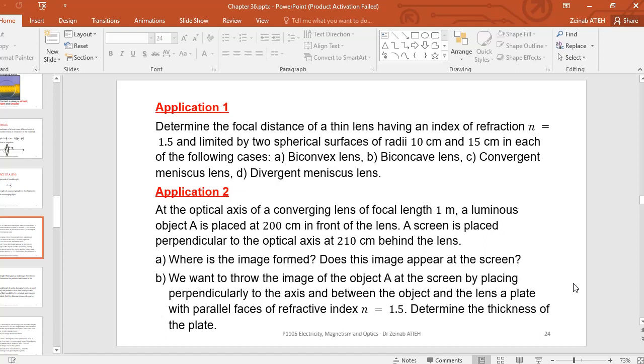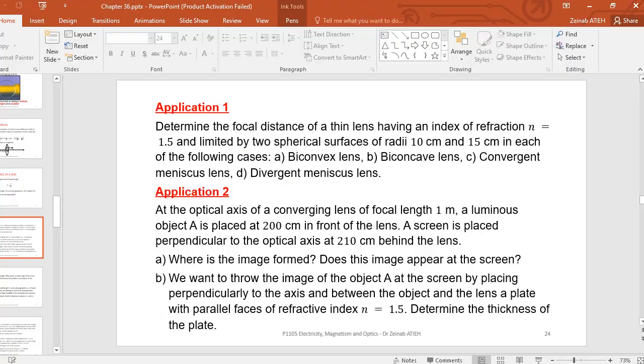Always use the formula of a parallel plate, which is AA1 equals E into 1 minus 1 over n. So the object crosses the plate and gives me image A1. The image A1 then acts as an object and crosses the lens, giving me the final image A prime at the screen.